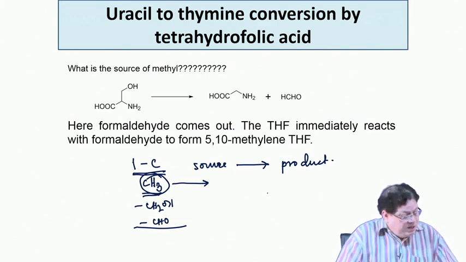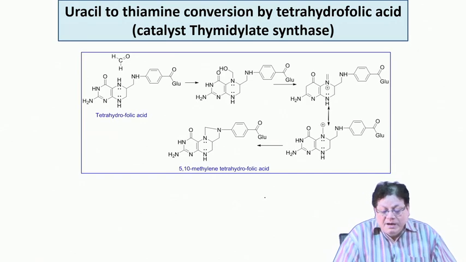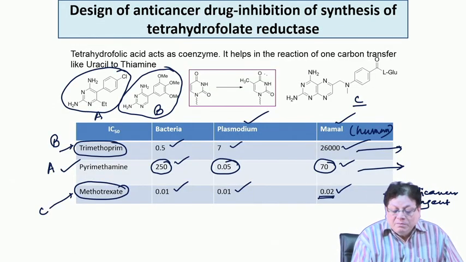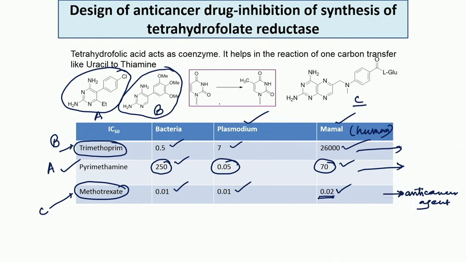Because you know that in RNA what is present is uracil as the base, and in DNA it is thymine as the base. Interestingly, this thymine is generated from uracil, which is attached to the sugar and a phosphate, okay, and which is called uridine monophosphate.